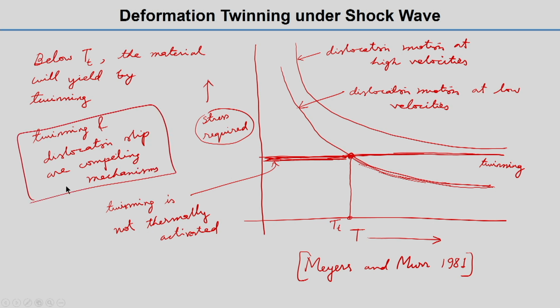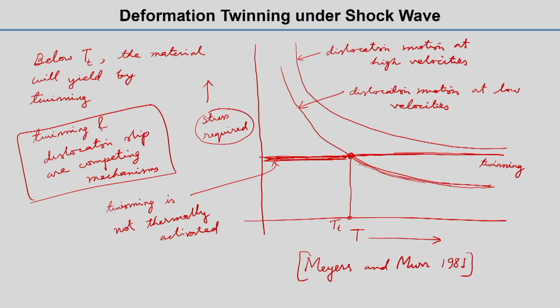We should understand this, because whenever the stress required is less, and stress required means resolved shear stress on the twinning planes, in the twinning directions, or on the slip planes along the slip directions, that is important. And if that is higher than the critical stress value, then slip will happen or twinning will happen.